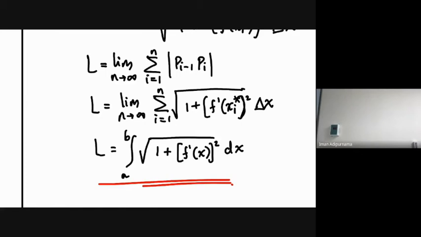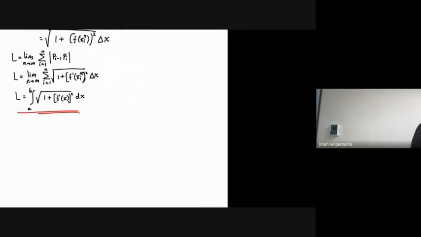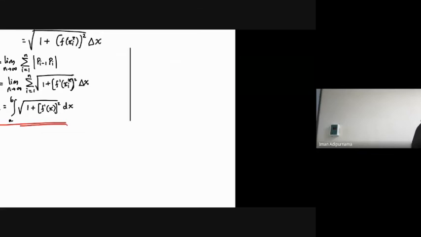Let me give you another approach to see the arc length. Maybe this will help you understand.